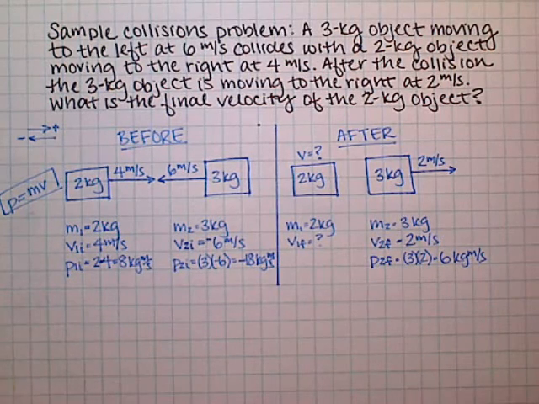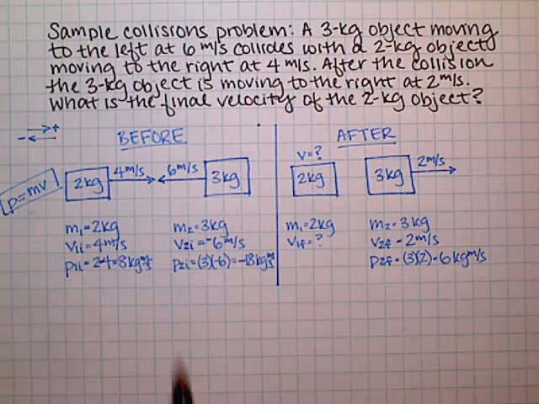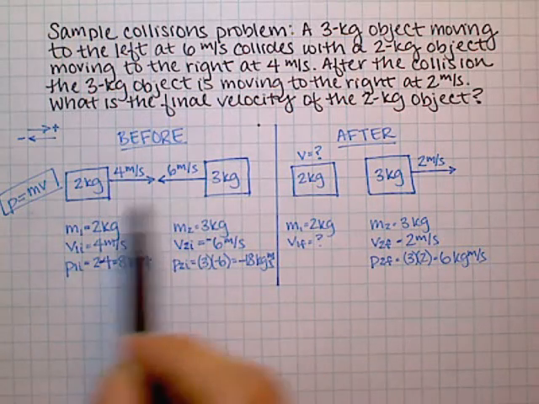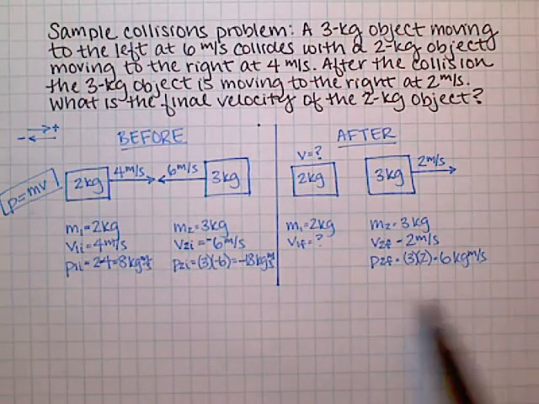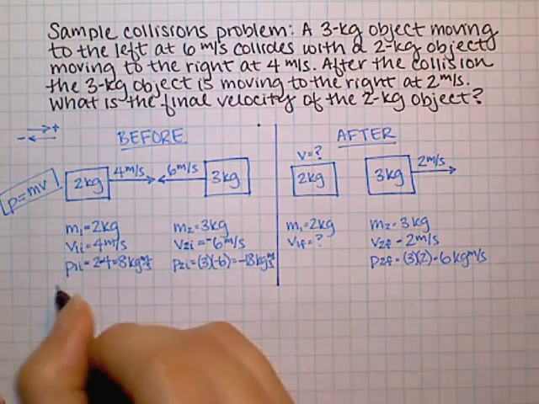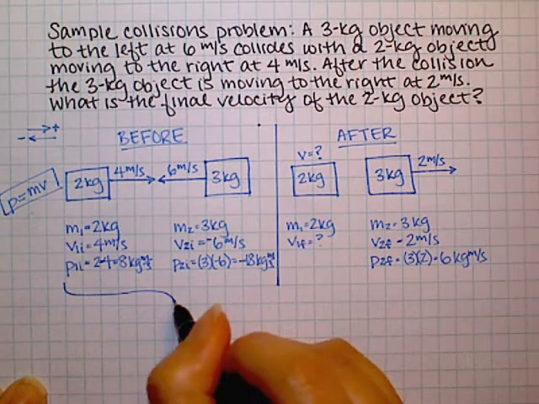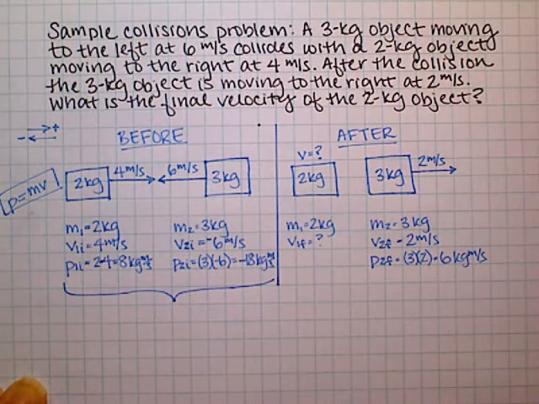All right. Now again, we know that in any closed system, the total momentum remains constant, which means that the total momentum before the collision for my system is equal to the total momentum after the collision. So now I'm going to figure out what that total momentum is on each side of this event.